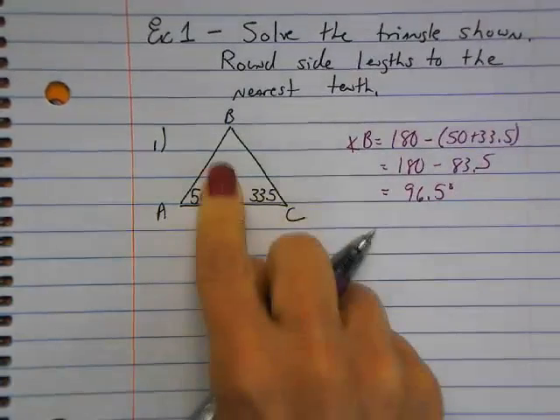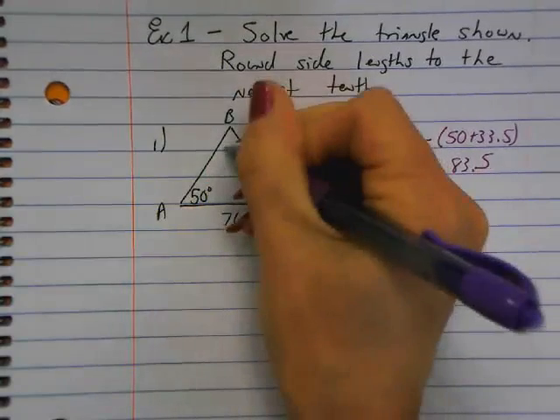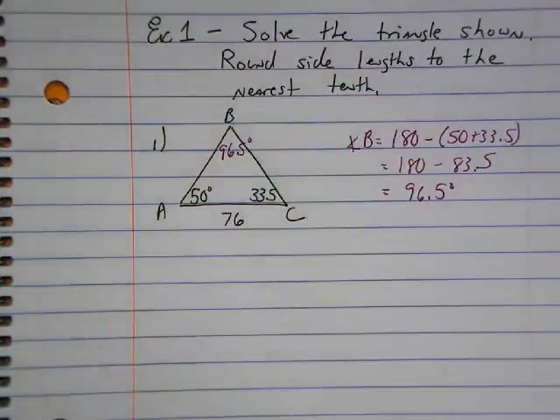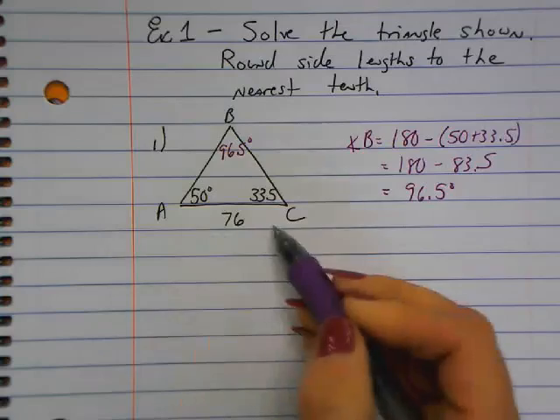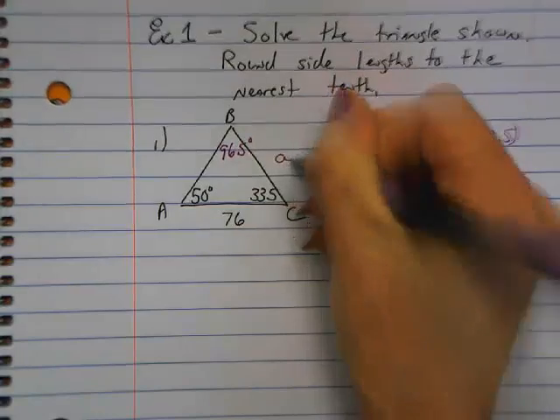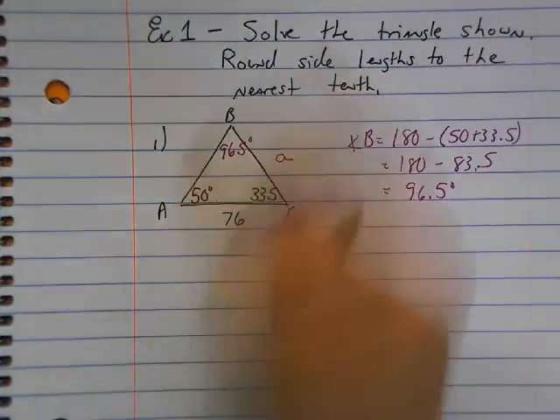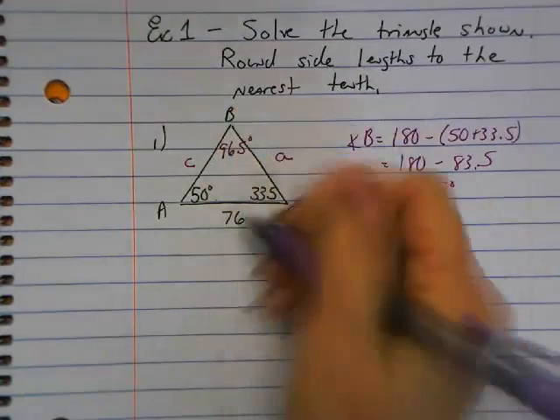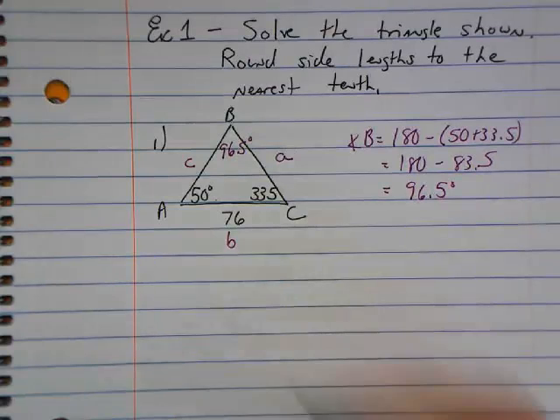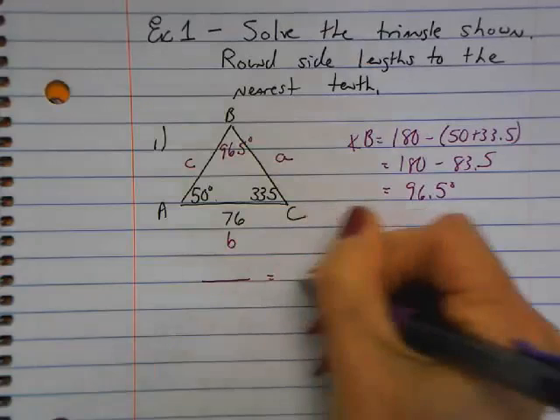And again, realize I just sketched the triangle. I don't have to be accurate with my sketches. Now I want to find these missing sides. Do you agree that opposite A is little a, and opposite C is little c, which means the 76 was little b? So now we're going to plug into our formula.